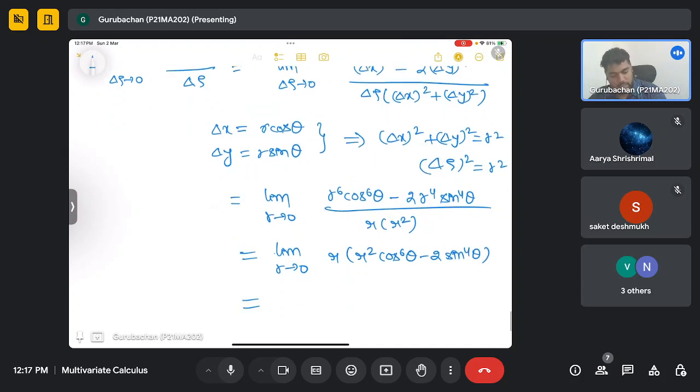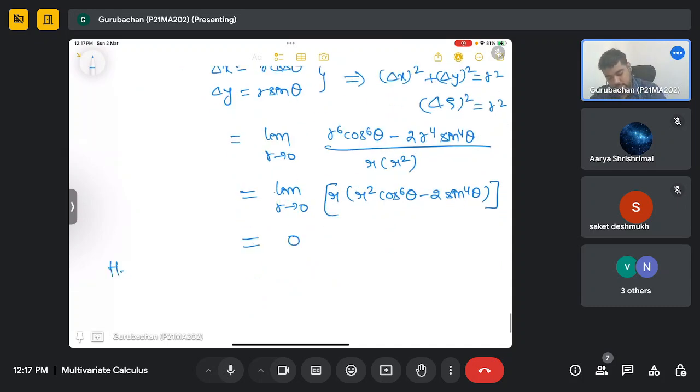Since it's a multiplication by r, this will give us 0. So we got our limit is 0. Then we can say that hence f(x, y) is differentiable on R^2.